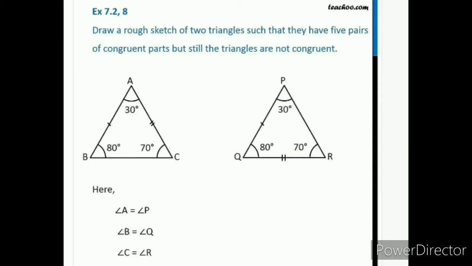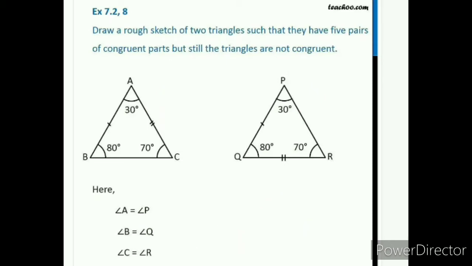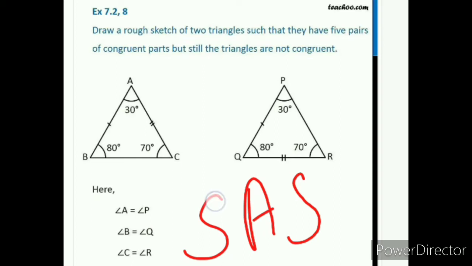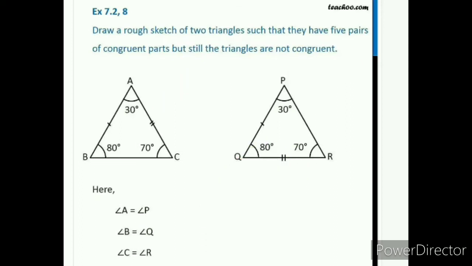Okay, what are the 3 criteria? SSS: 3 sides of one triangle are equal to 3 sides of the other triangle. And SAS criterion says 2 sides including one angle of the first triangle are equal to 2 sides including one angle of the other triangle.